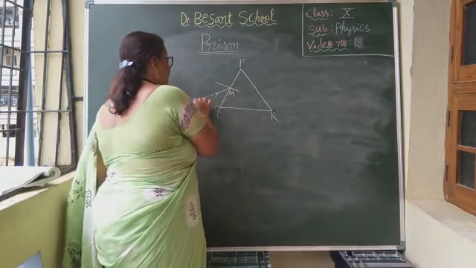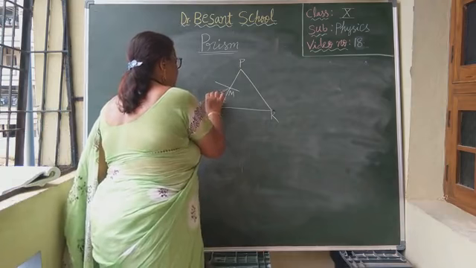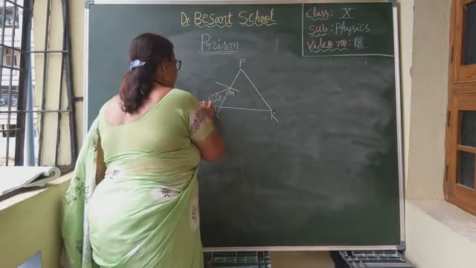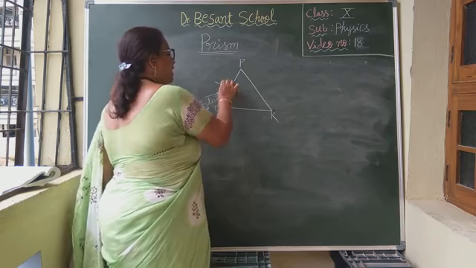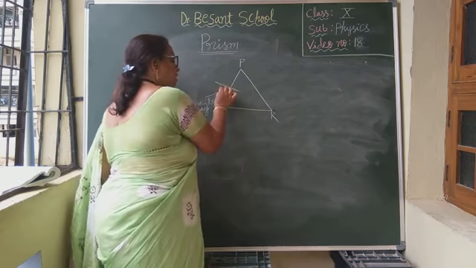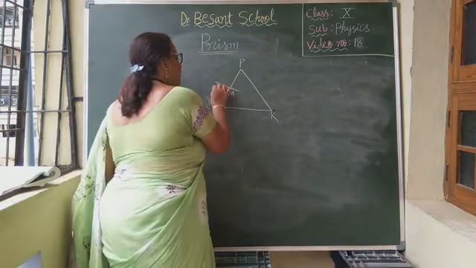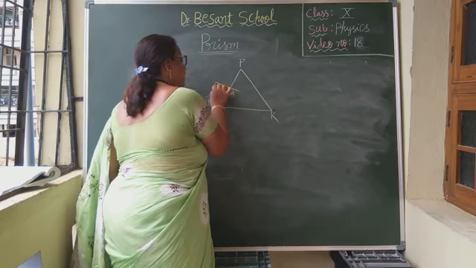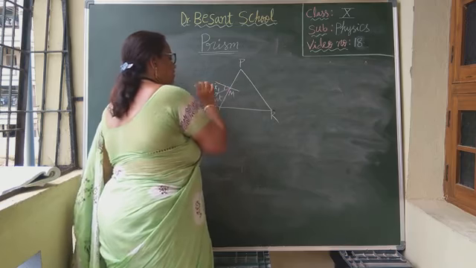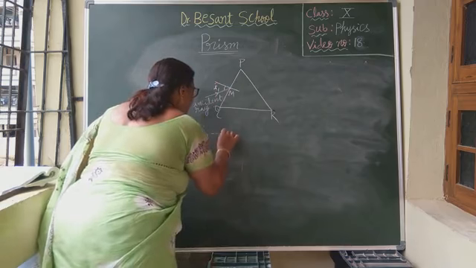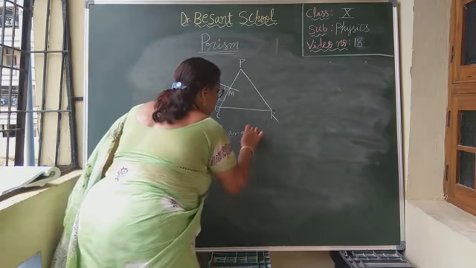Now, what is this ray? This ray is the incident ray, and the angle formed between this normal and the incident ray is called the angle of incidence, represented with I1.